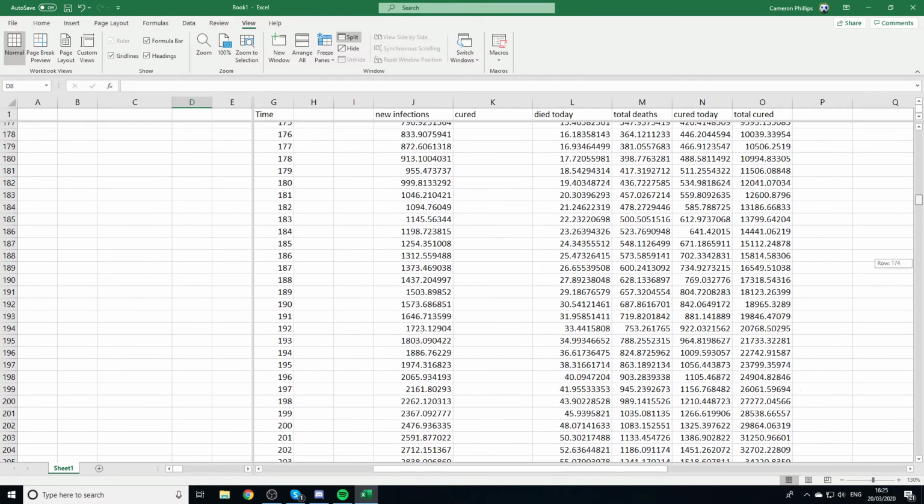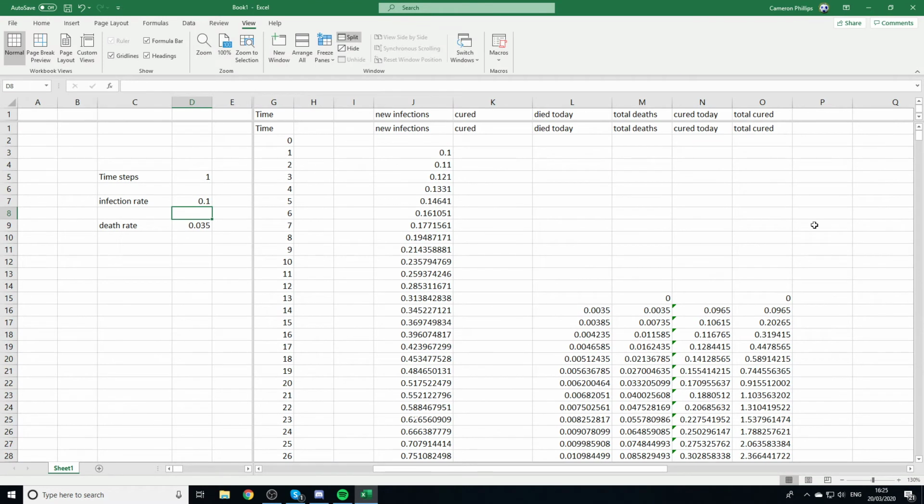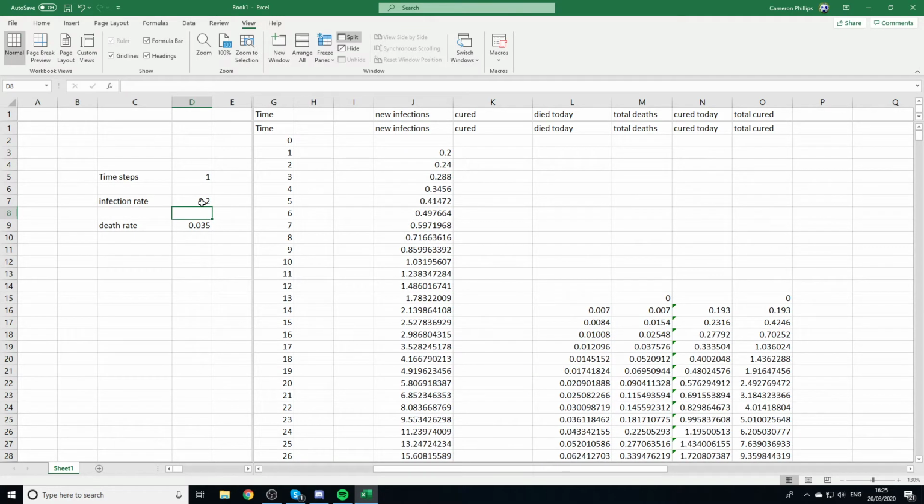But of course, I haven't given you the whole picture here, because the new infections, let's put our rate back at 0.2, are also dependent on one other important factor, and that's basically how many people have had it and died and therefore cannot catch it, cannot catch it again, particularly the people who are cured today.